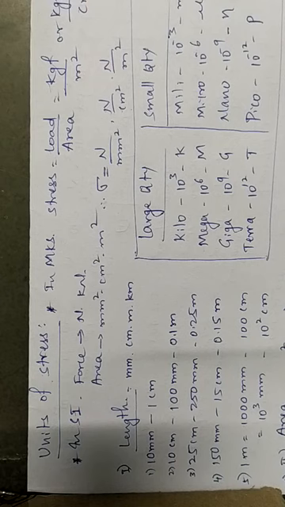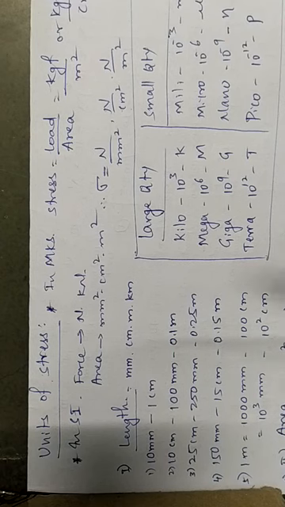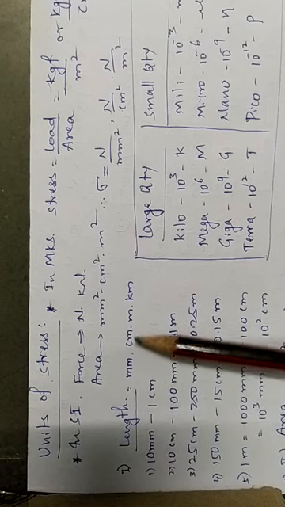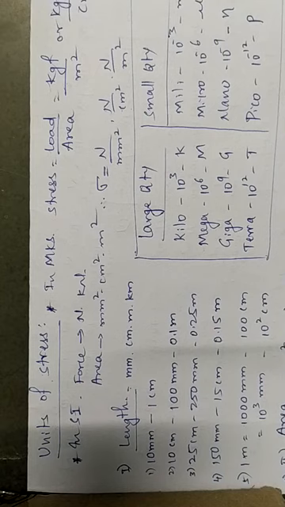In terms of centimeter, 10 raised to 2 squared, 10 raised to 4 centimeter square. Is it clear? It is very simple. Length is measured in mm, centimeter, and area is measured in mm square, centimeter square, meter square. And you should remember large quantity and small quantity prefixes.